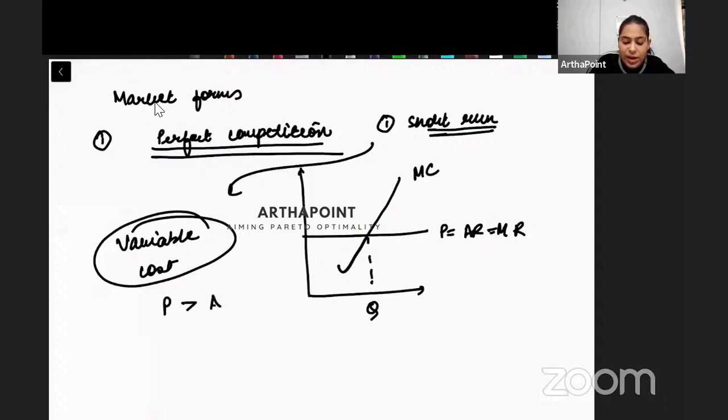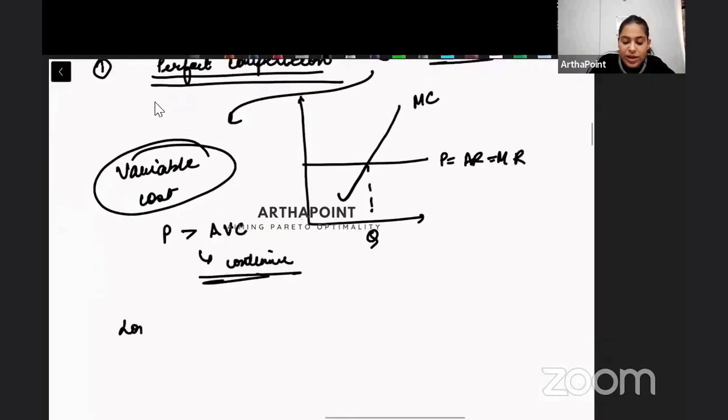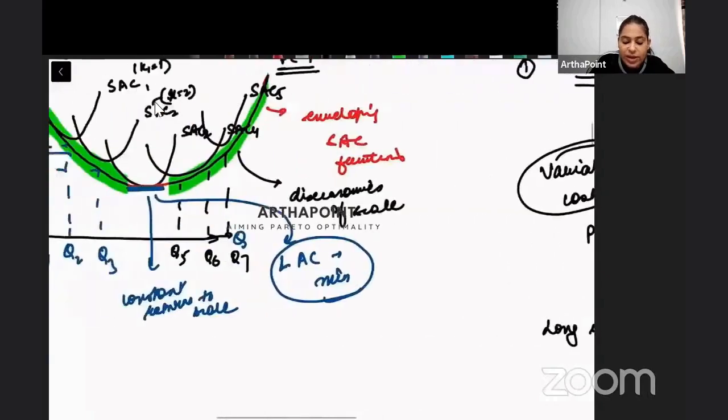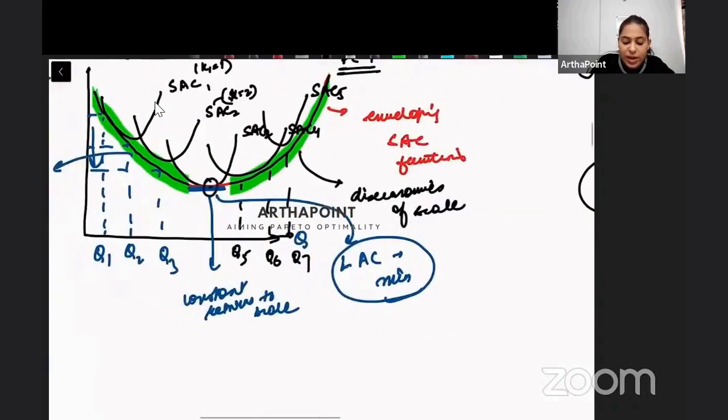If my price is able to cover my variable cost, I will continue in the short run. But in the long run, I want my price to cover the average total cost. So I want my price to be such that I cover the minimum of ATC. That is what I just mentioned here. I will be operating here for a perfectly competitive firm.